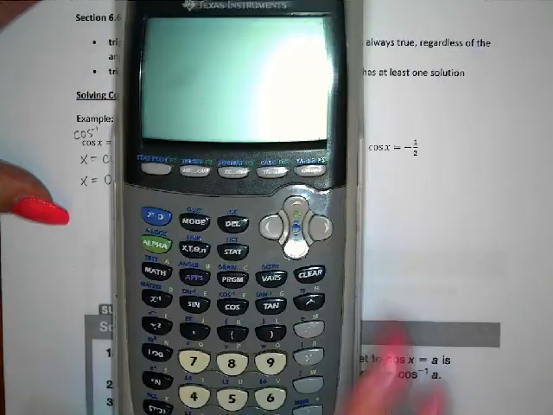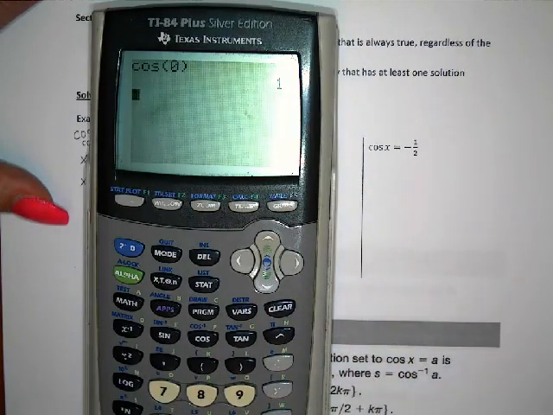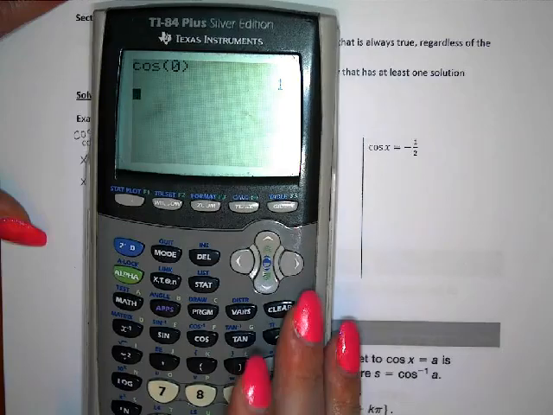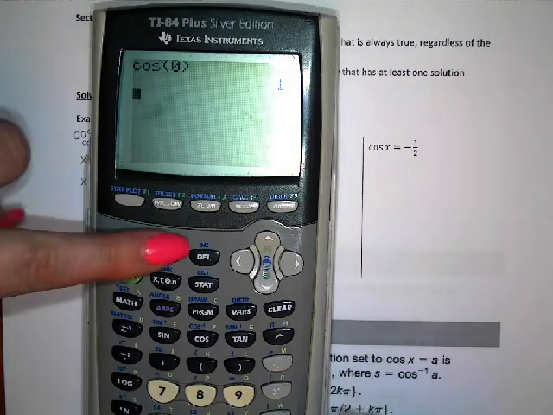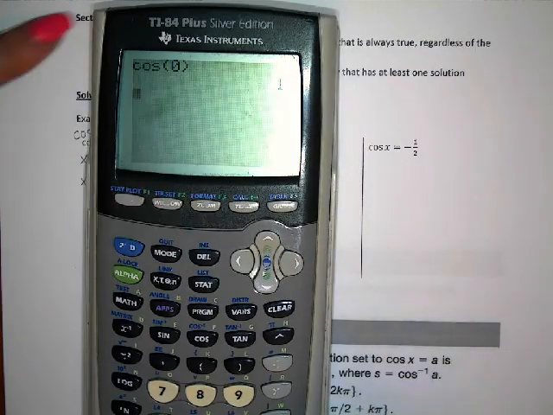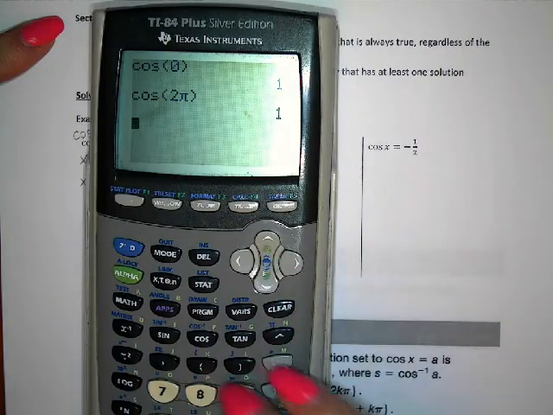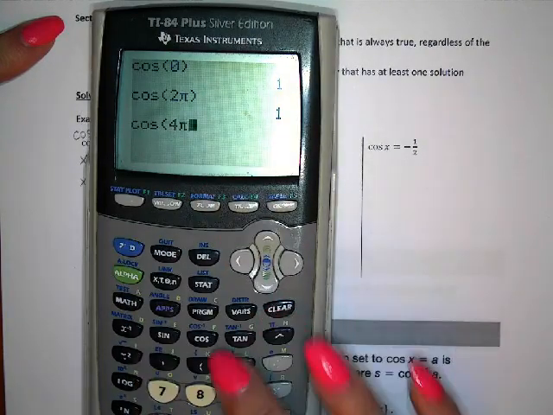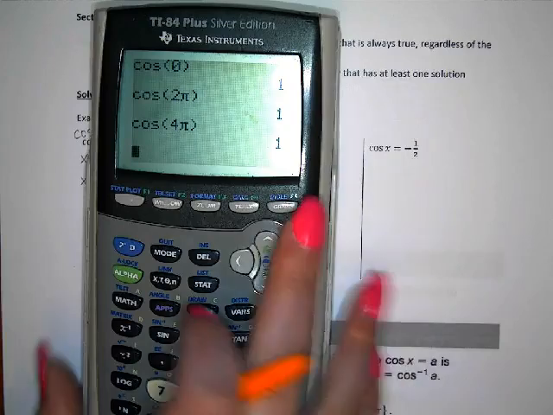I know that if I had cos of 0 in radians or degrees, I would get 1 as an answer. But I also have all of the answers that are coterminal with 0. Making sure I'm in radians, cos of 2 pi would also equal 1. Cos of 4 pi would also equal 1, and 6 pi, 8 pi, 10 pi, 12 pi, and so forth.